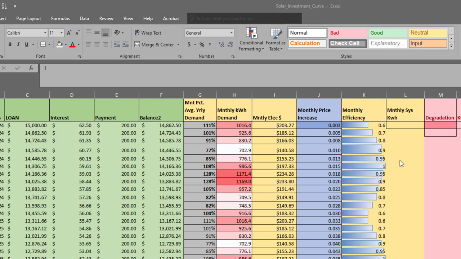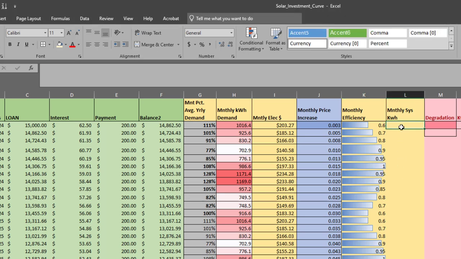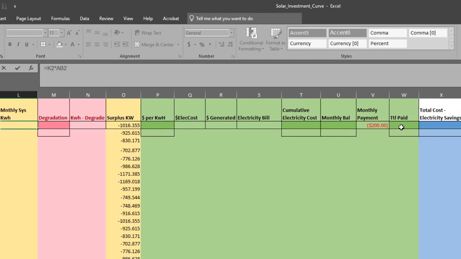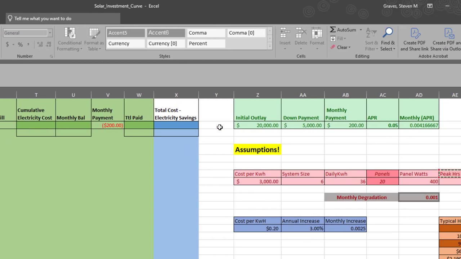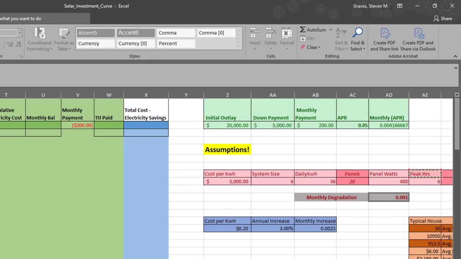So in order to calculate the amount that a system produces on a monthly basis, you'll need to multiply the monthly efficiency by the total output of the panel at peak performance.